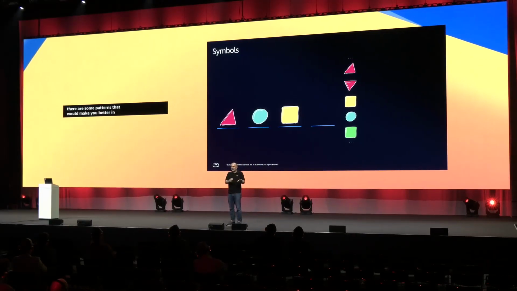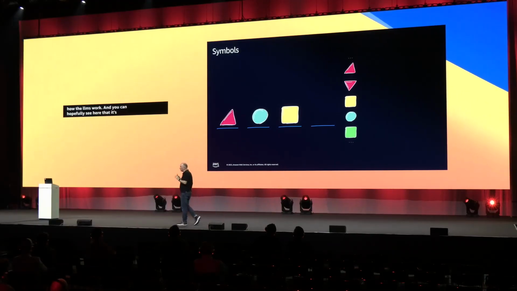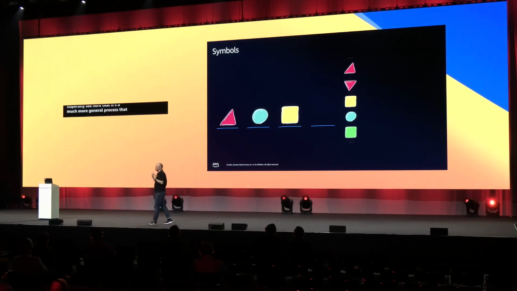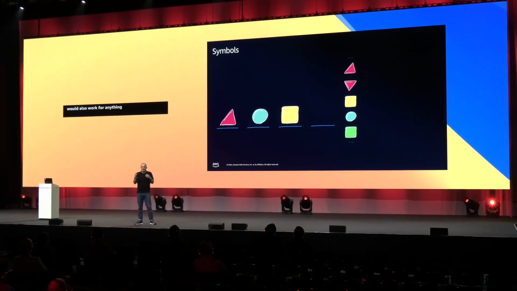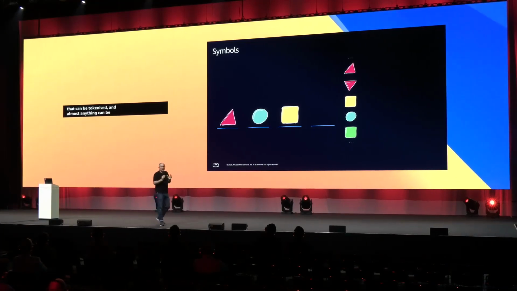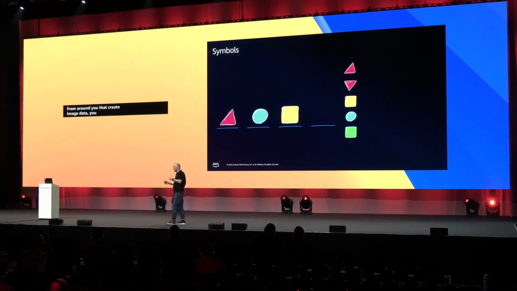And you can hopefully see here that it's a much more general process that not only works for words and tokens, but in language, it would also work for anything that can be tokenized, and almost anything can be tokenized. So if you would be creating a self-driving car and there are a few camera feeds from around you that create image data, you can tokenize it like you can do for sensor data from the pedals or from the steering wheel.